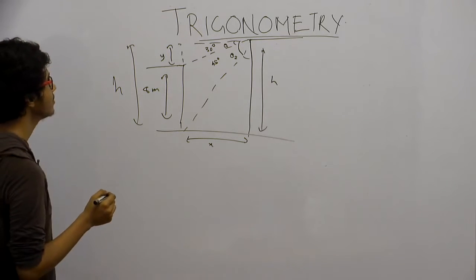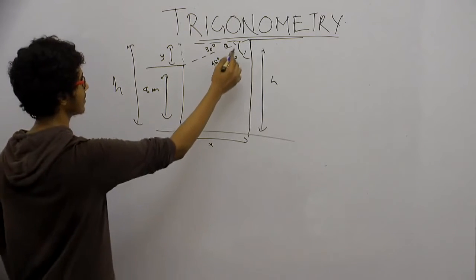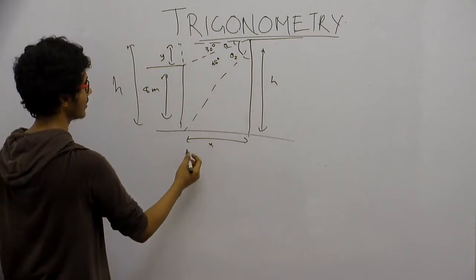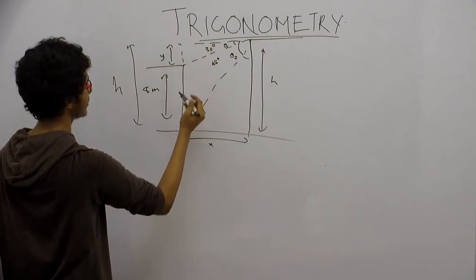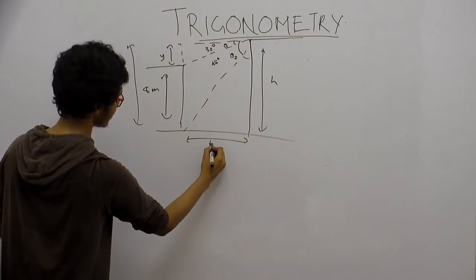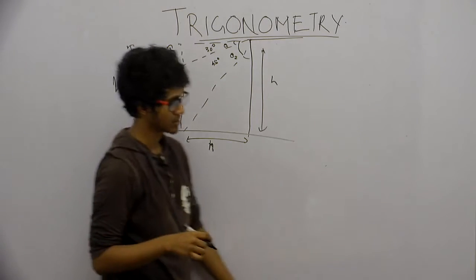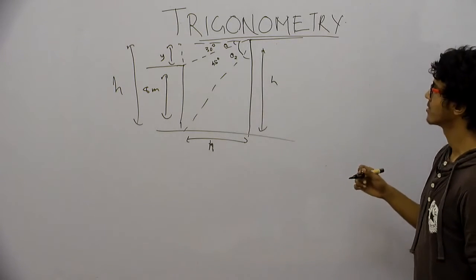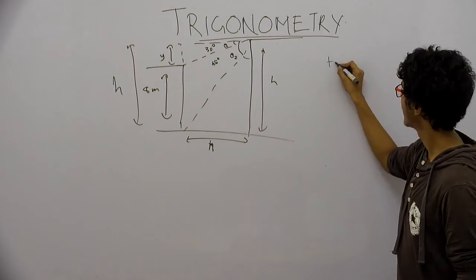Now since this is 45 degree, this will equal that, and since that is 30, let's call this h only. Let's not make another variable.